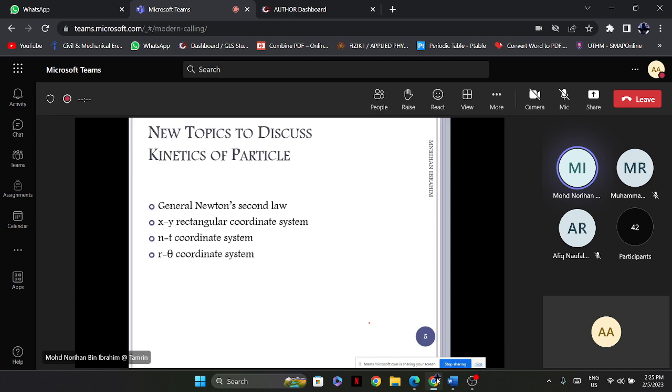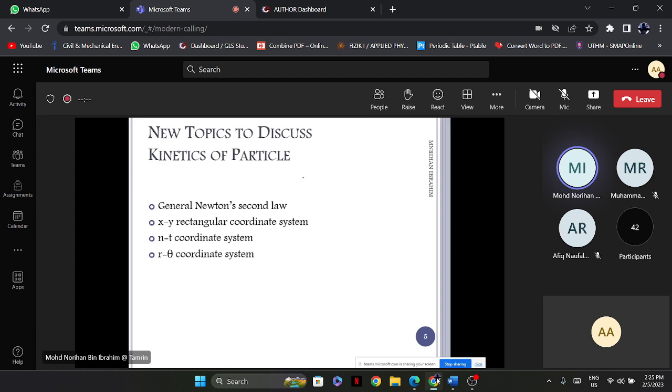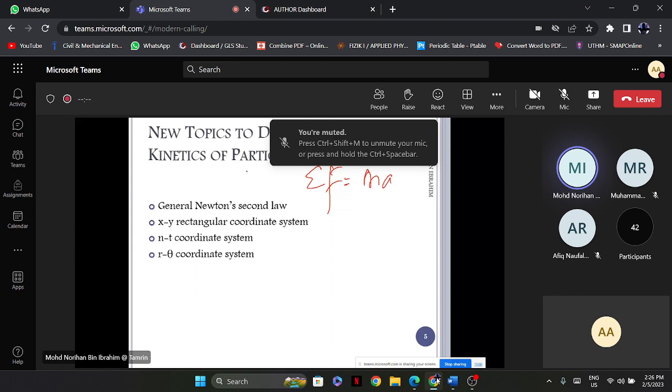All of this we have learned in chapter 2 as well. But in this case, we are applying the equation sum of F is equal to ma, Newton's second law of motion.